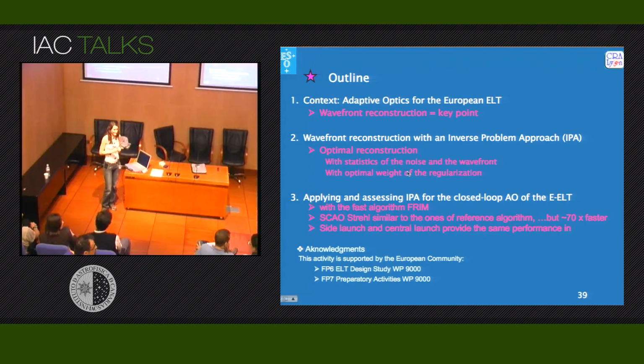First, the Shack-Hartmann wavefront sensing is achromatic. I mean, it gives you the same data, whatever the wavelength you observe. So you don't have to filter wavelengths to get the data. The properties of the atmosphere depend on wavelength. So if you get the properties of the atmosphere in the visible, no, it's not.